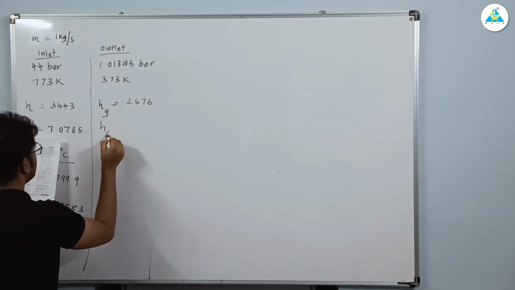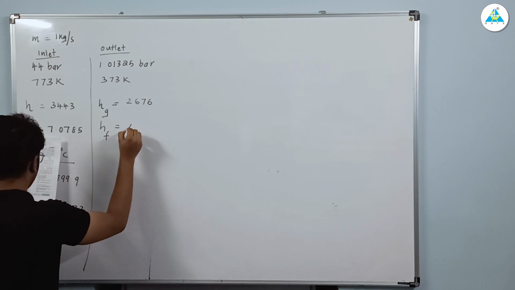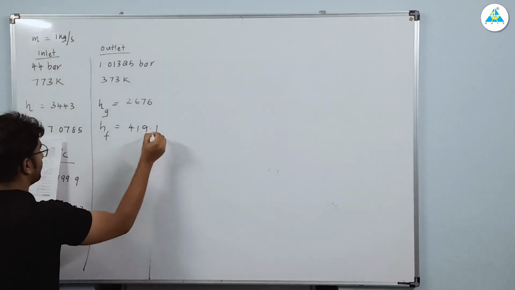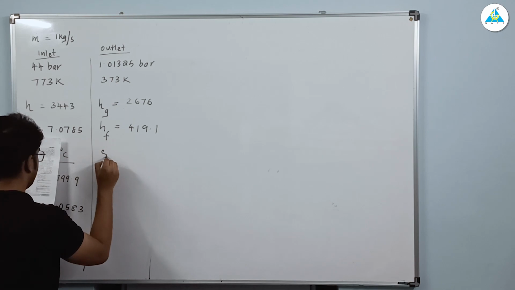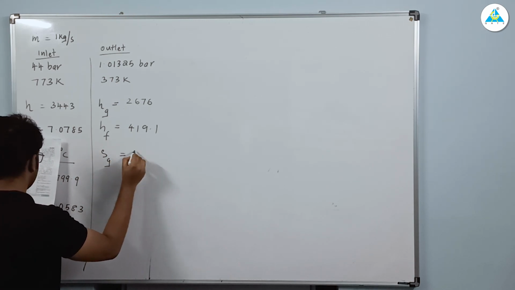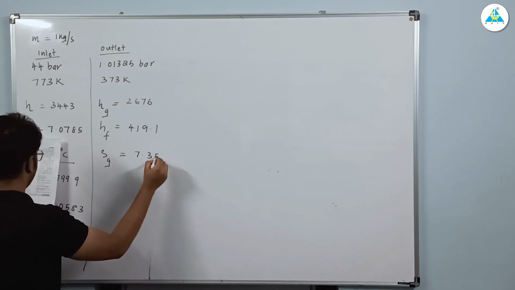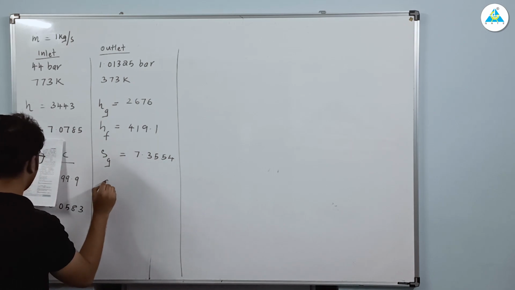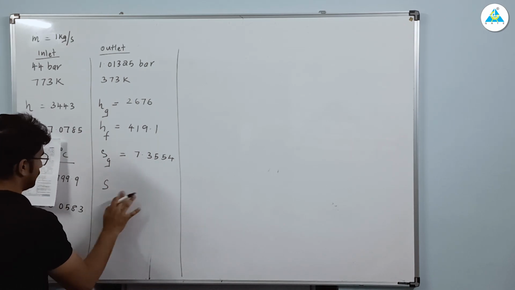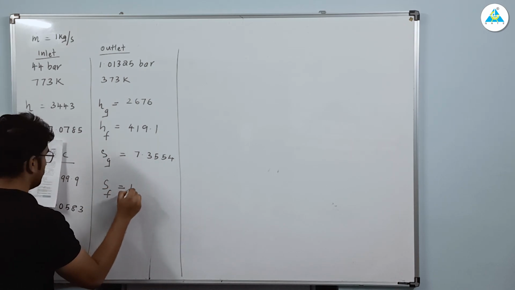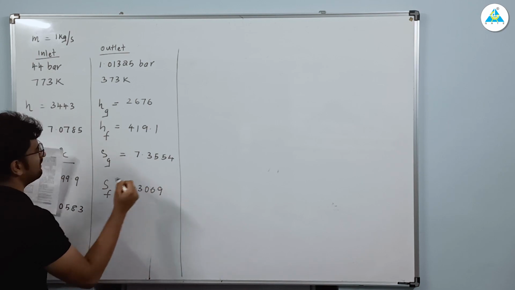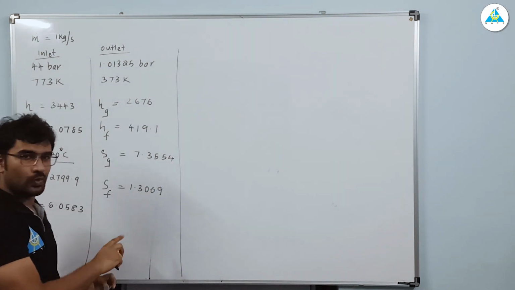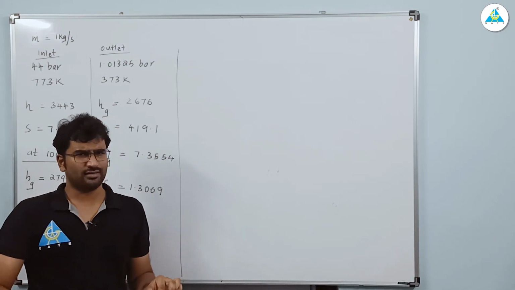Enthalpy of saturated liquid is 419.1. Entropy of saturated vapor, Sg, is 7.3554. And finally entropy of liquid is 1.3069.